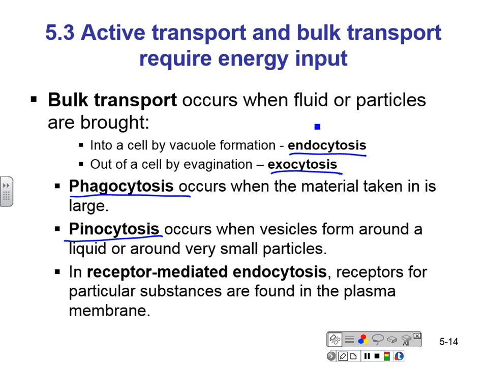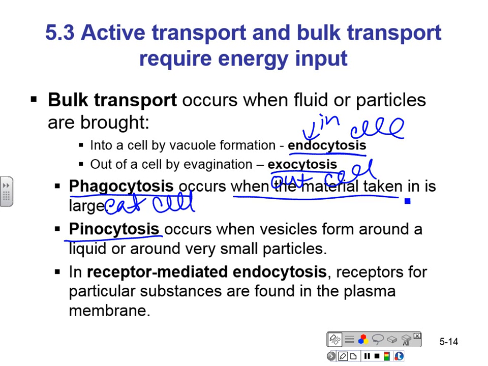So endo, bringing something in, cytosis, cell. Exo, out, cell, right? Phago means to eat, so cell eating. This occurs when material is taken in that's really large. Pinocytosis usually refers to a liquid, if we're going to take in a liquid substance through this process.